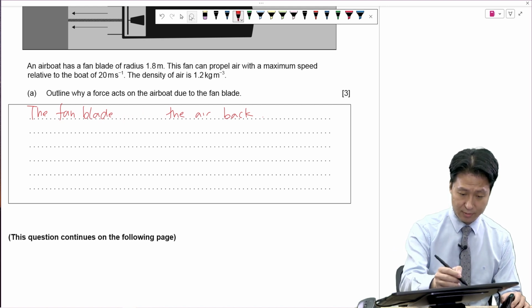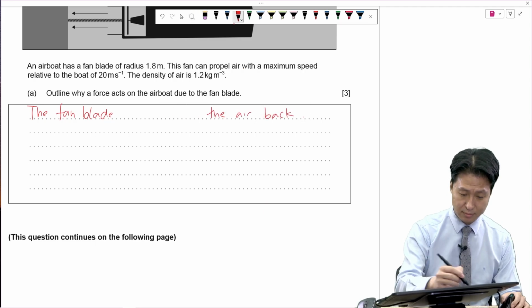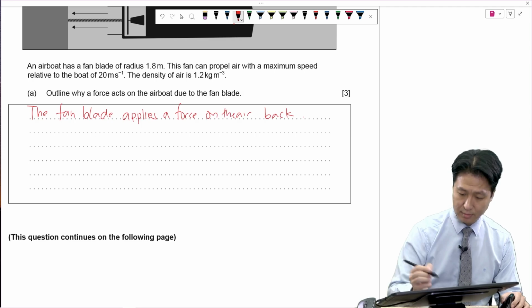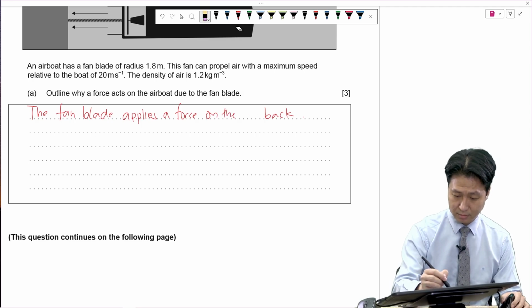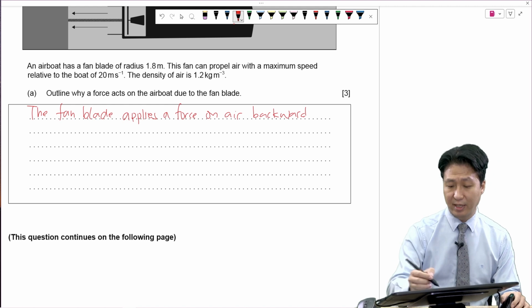So let's open up the space here. Towards the back or backwards.